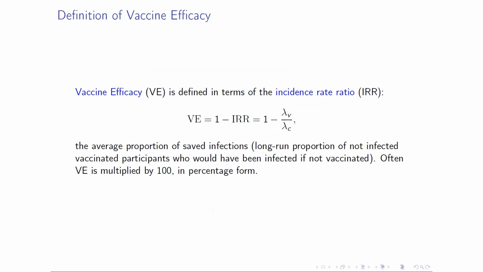Actually, 1 minus the incidence rate ratio. The idea is that in the long run, you will save a proportion equal to vaccine efficacy of non-infected vaccinated participants who would have been infected if they were not vaccinated. So what you save in terms of infections when you give the vaccine. That's the idea of vaccine efficacy. Very simple, 1 minus the incidence rate ratio.